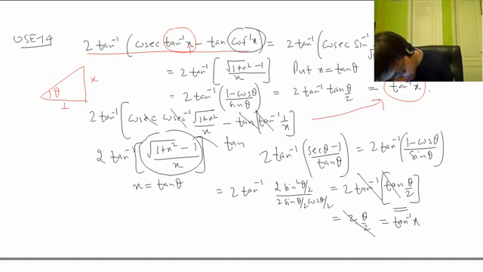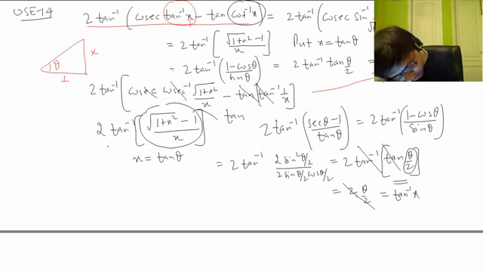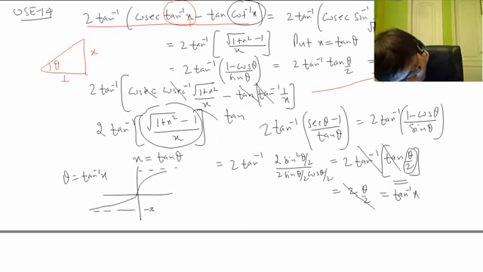Now can we cancel this with this? Is theta by 2 in the principal value branch? Yes, it is, because theta is tan inverse x. The range is minus pi by 2 to pi by 2, so theta is between minus pi by 2 and pi by 2. Dividing by 2, it is like minus pi by 4 to pi by 4.